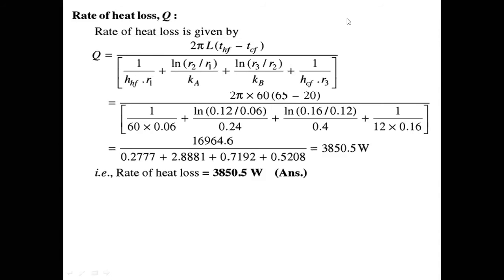আমি যদি রিঅ্যারেঞ্জ করি তাহলে কি হবে, এই জায়গায় একটা twice pi L আসবে in each term, and this twice pi L in each term.